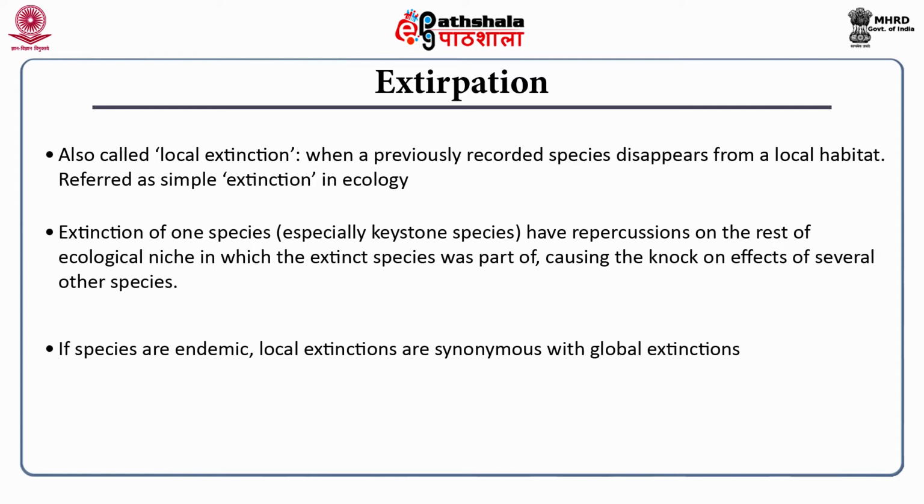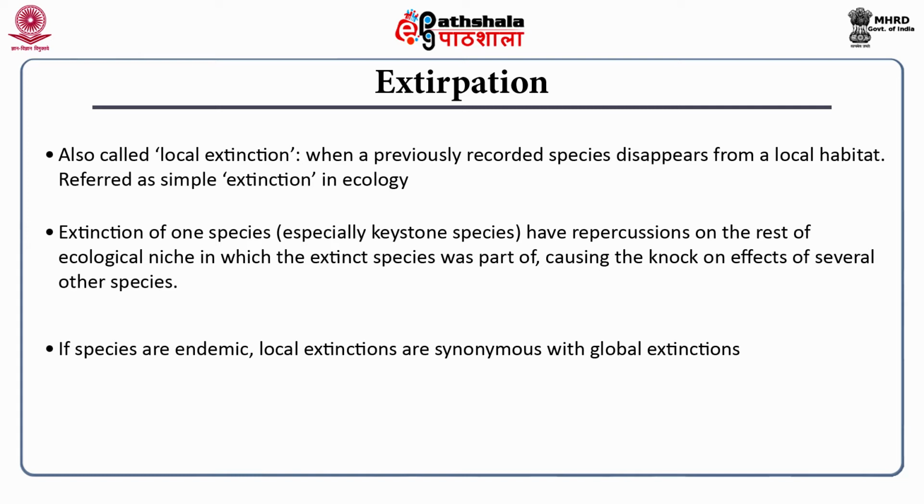So, if the species is endemic, that means it is not found anywhere else in the world, only in that particular location. For example, consider an island, and that particular species is found only on that island. So, local extinction or extirpation of that species on that island, the death of that species on that island, is synonymous with global extinction, because that species occurs nowhere else in the world.